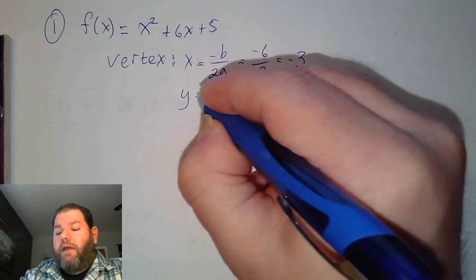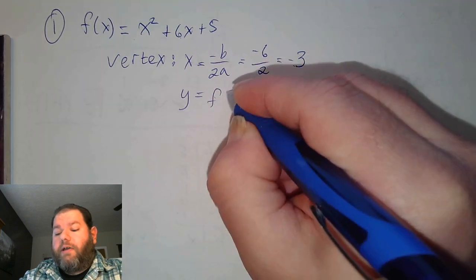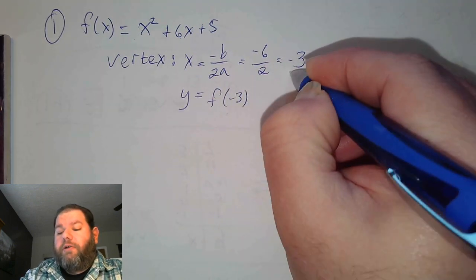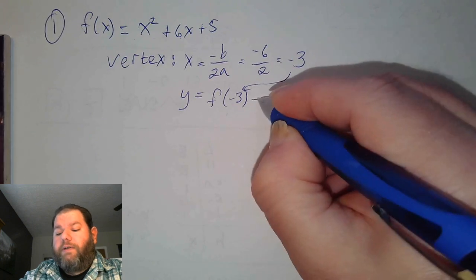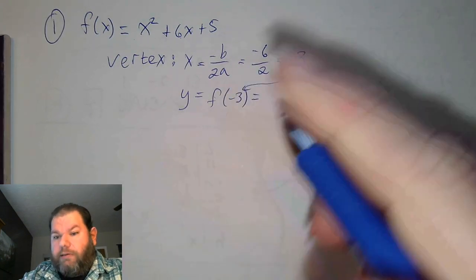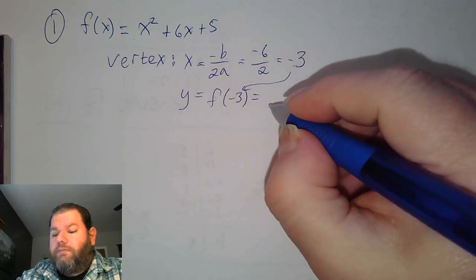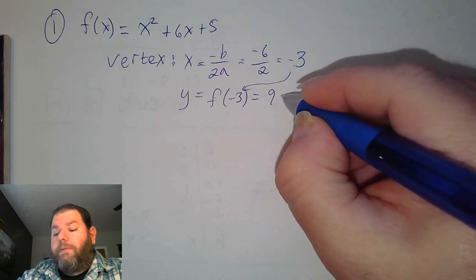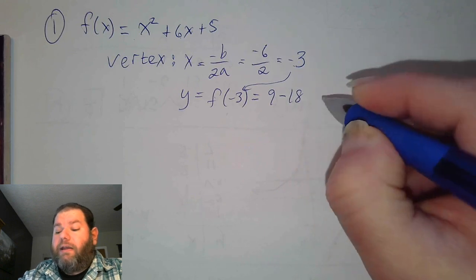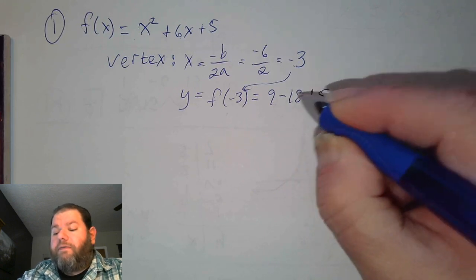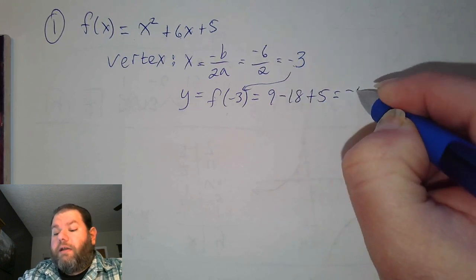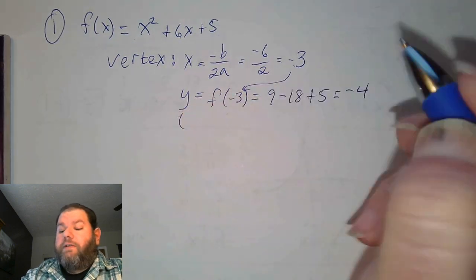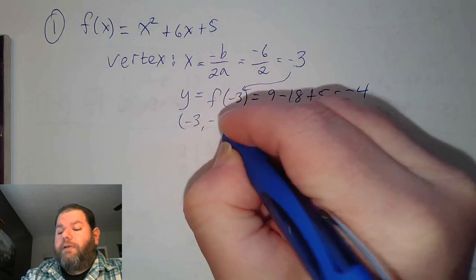And for the y value, we take that negative 3 that we just got, plug it into our equation for x. So negative 3 squared is 9. 6 times negative 3 is negative 18. And then plus 5, so that would be negative 4. So our vertex is negative 3, comma, negative 4.